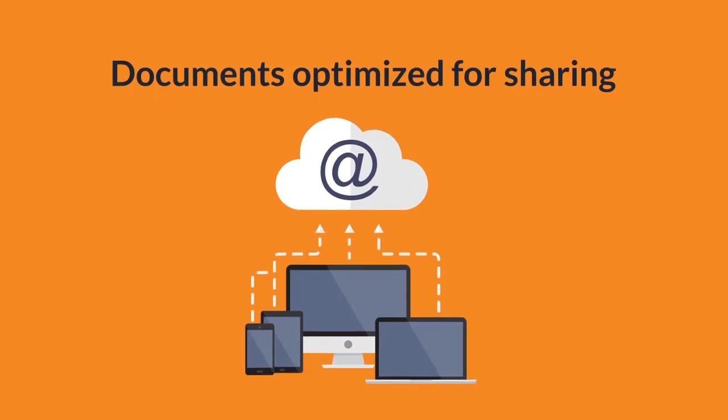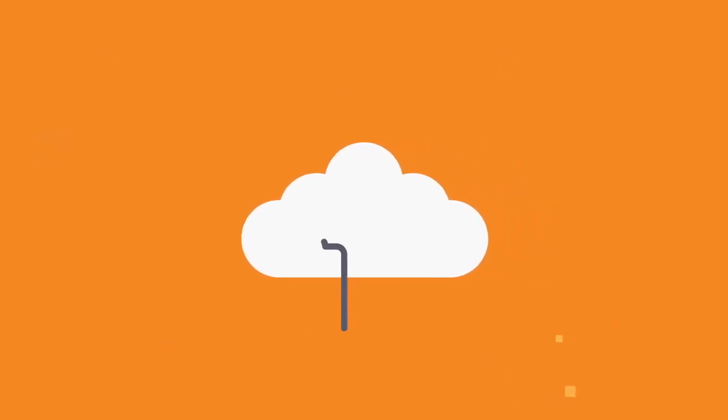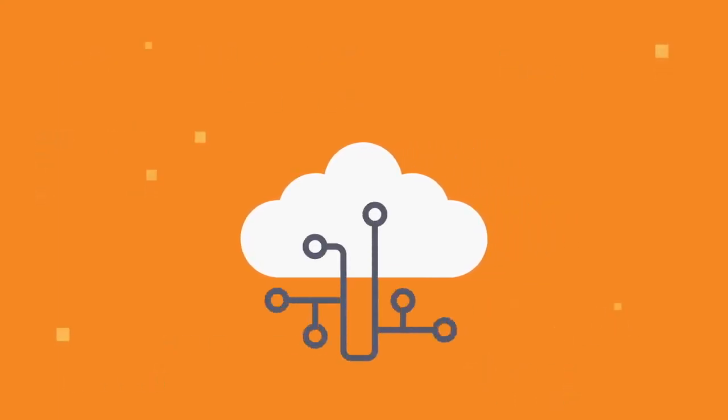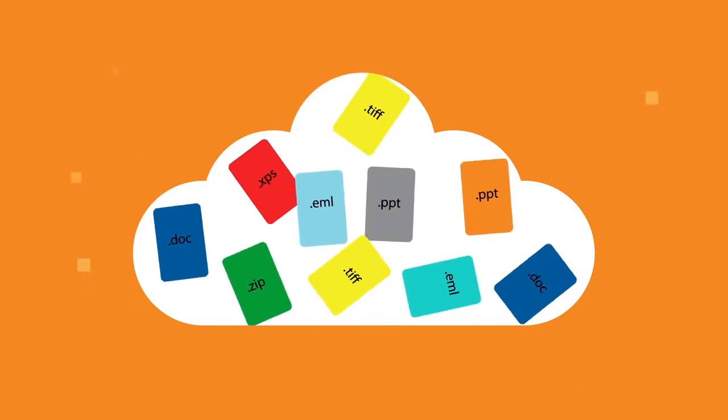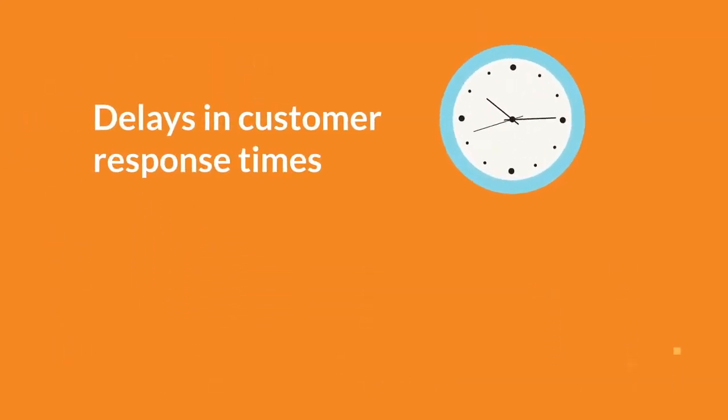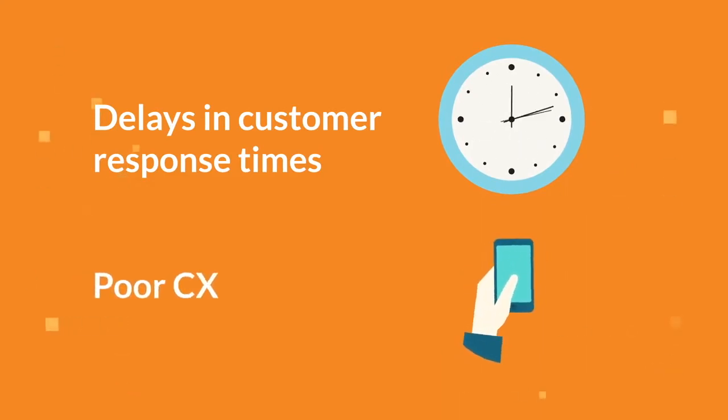Because a normalized repository is easier to automate processes around, documents bound for the new cloud environment should also be converted to a standardized format prior to the start of any ECM migration. Messy repositories with a wide range of file types kick out incompatible documents for manual inspection and review, leading to delays in customer response times and weakening the experience.